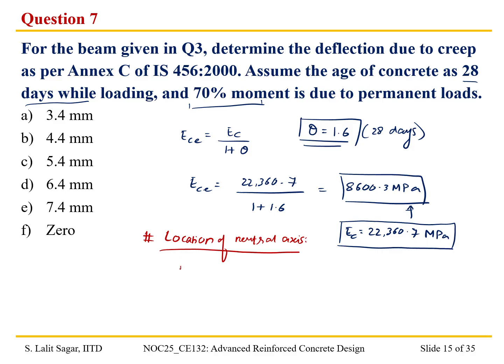The equation is b x square by 2 is equal to m A_st into d minus x.